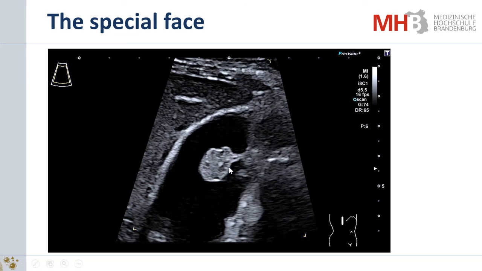I would add this is a little bit heterogeneous. It is hyperechoic. It resembles the gallbladder wall, but there are small areas which are hypoechoic. That means this is a heterogeneous echo pattern. And I would mention a stalk. In this case, we can see the connection to the gallbladder wall and a little bit irregular outline of this polyp.